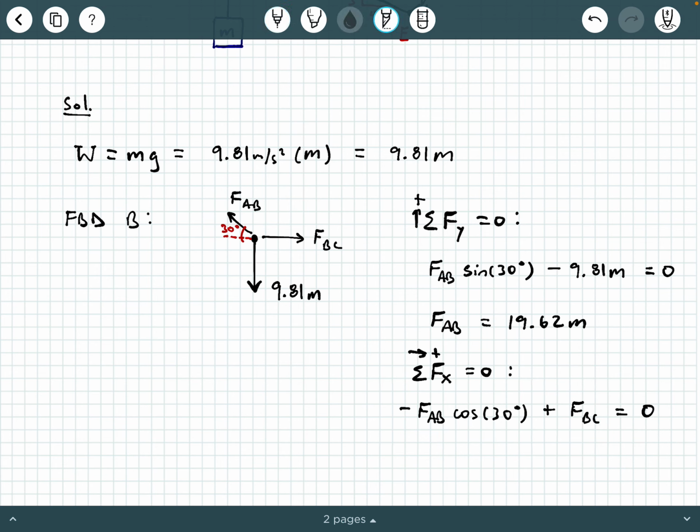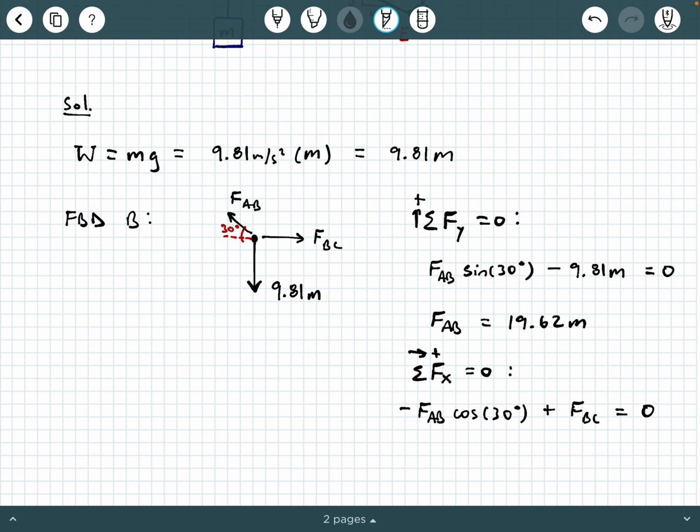Now, this negative for FAB, the reason why it's negative is because our cable force FAB is pointing into quadrant 2, which means it's got a negative x component. It's got an x component pointing to the left, and we're saying things pointing to the right are positive. So that's why we have this negative here.